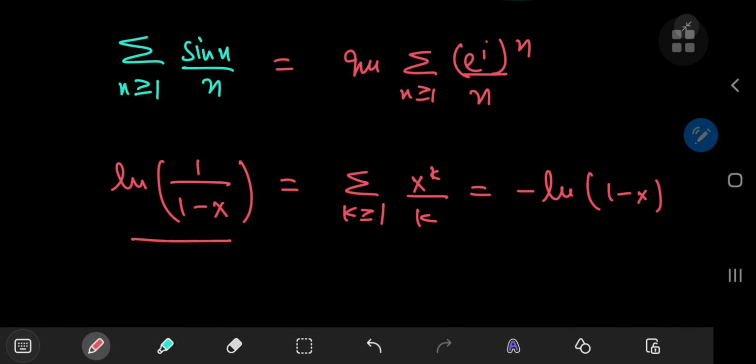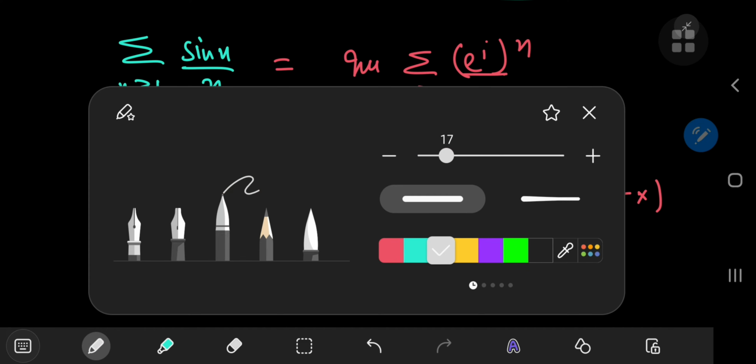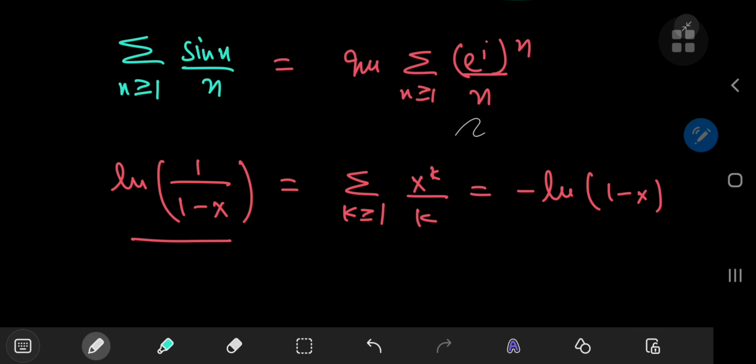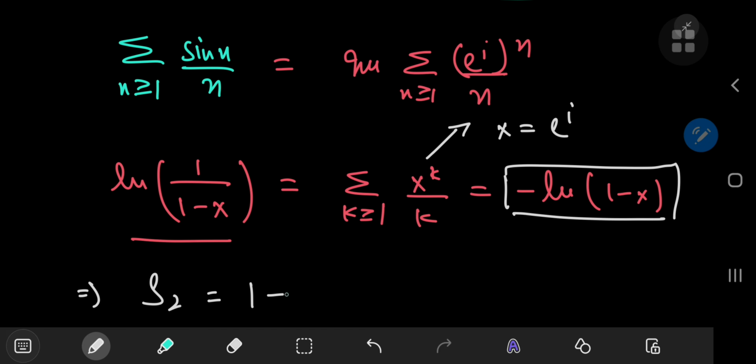Okay, cool. So judging by the structure of our sum, we have x being equal to e to the i. So this implies that S sub 2 equals, now the first term was a 1, and the second term is going to be negative log of 1 minus x, which is e to the i.